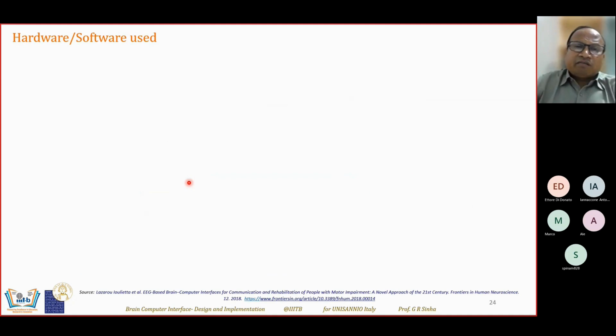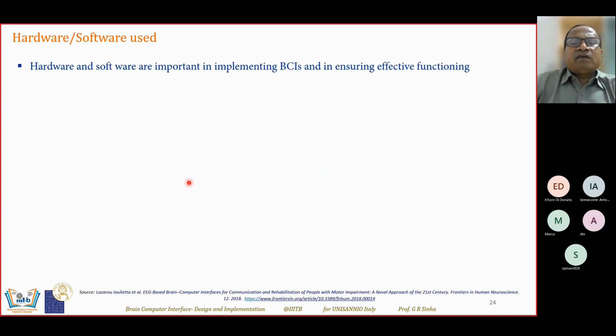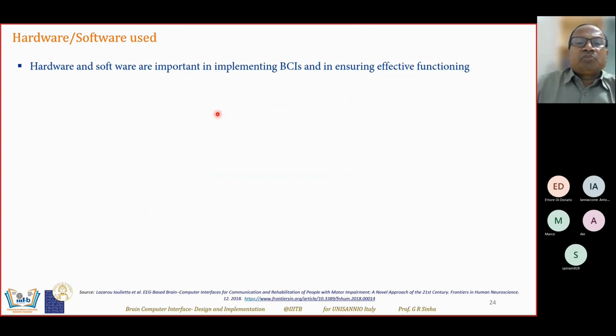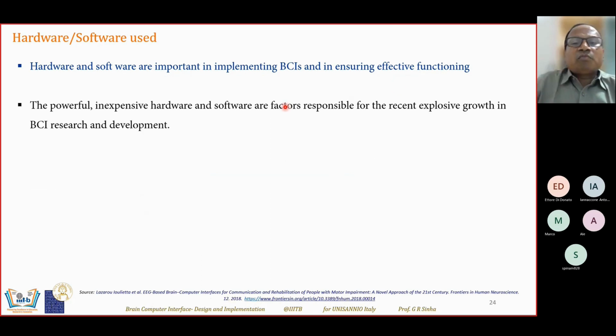After talking about interface, electrode, amplifier, and filters, let's briefly talk about hardware and software, because while designing the BCI, the discussion on hardware and software is equally important because that ensures effective functioning of BCI. Without a proper hardware interface, without proper software, or without a certain protocol, the functioning won't be appropriate.